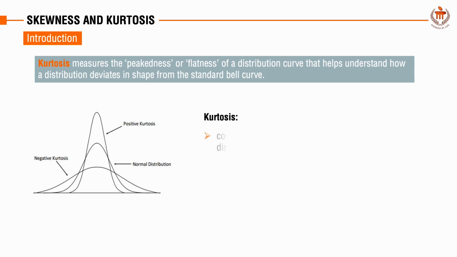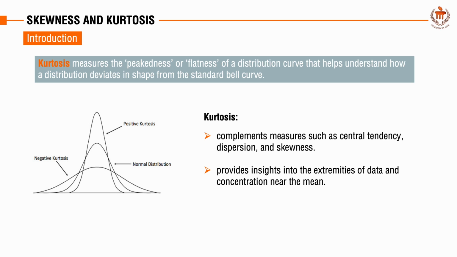When we study kurtosis, it complements measures like central tendency, dispersion, and skewness, but focuses specifically on the shape of the curve peak. It provides insight into the extremities of the data and the concentration near the mean.